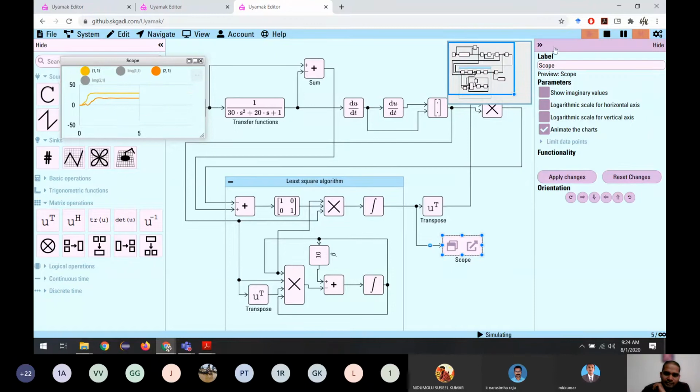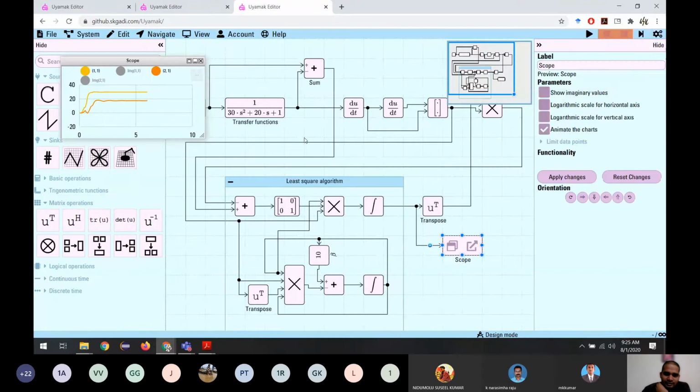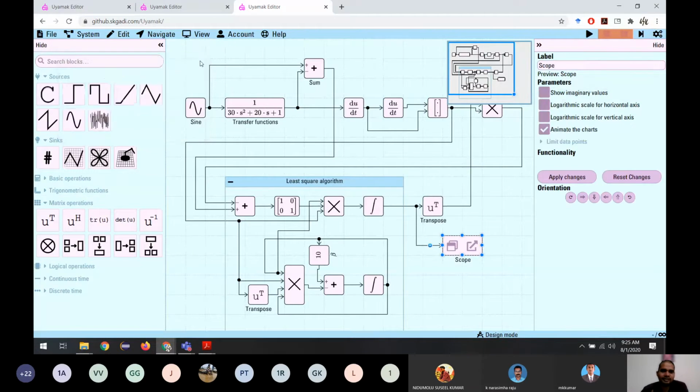And this one is converging a little quicker compared to the gradient algorithm. If we see this, it's getting a little quicker. And that's why we mostly use the least square algorithm. It's better than the gradient algorithm.